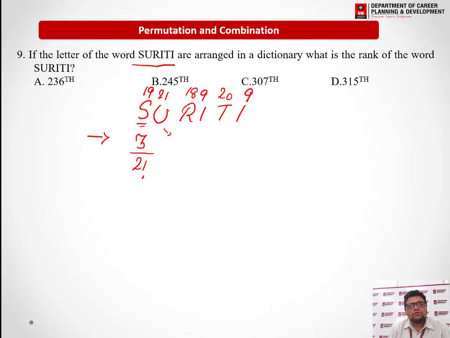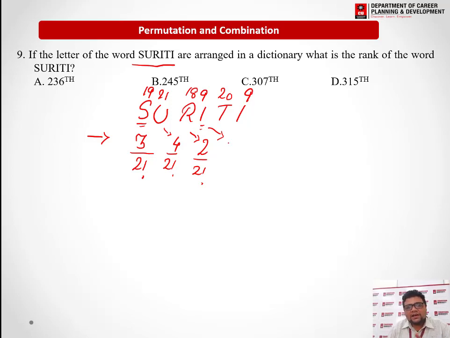Now again for U there are R, 9, 20 and 9. So 4 divided by 2 factorial. For 18 it will be 2 divided by 2 factorial. For I, we have to write this divided by 2 factorial till the first alphabet of the repetition comes.